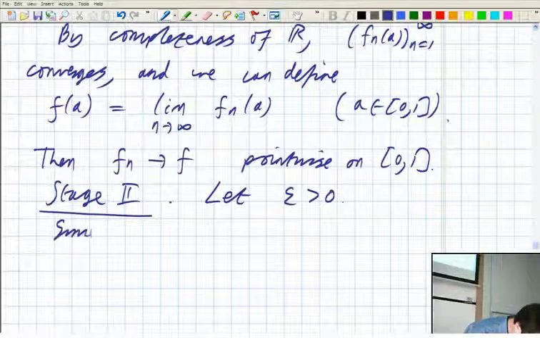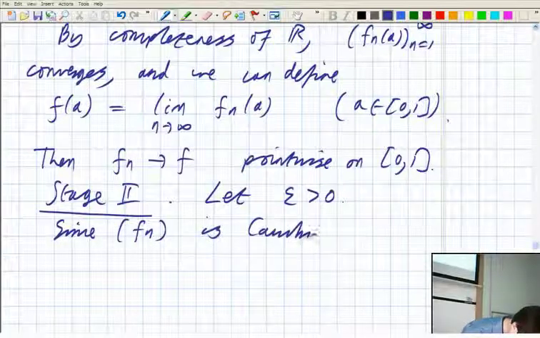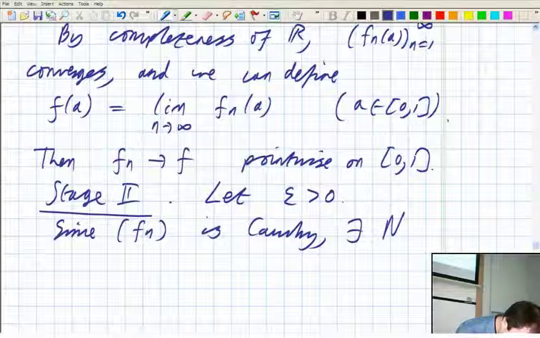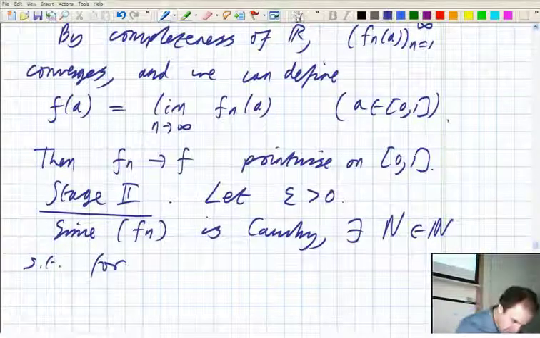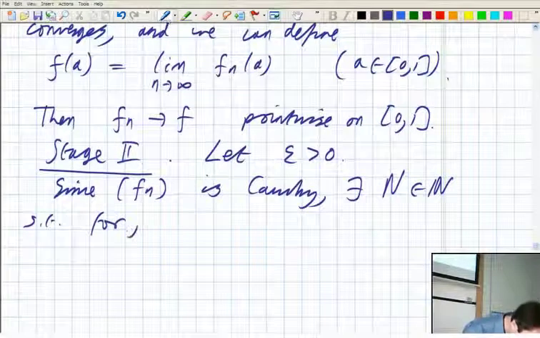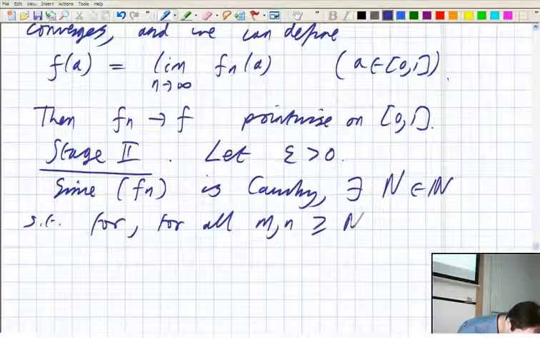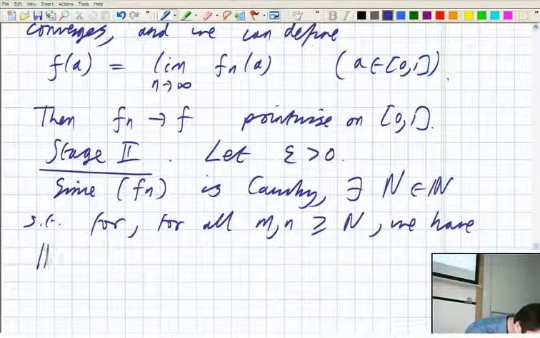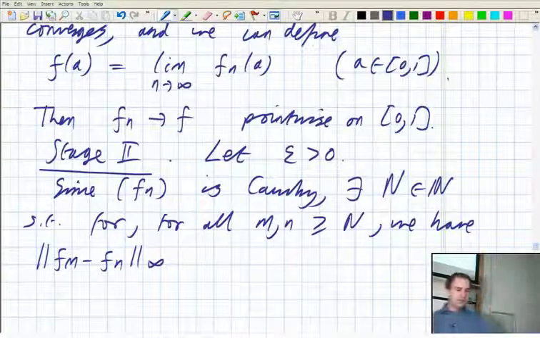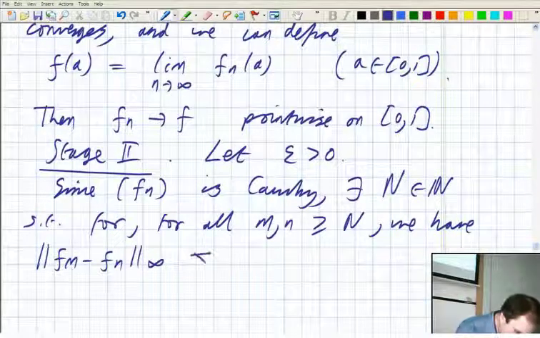So since fn is Cauchy, there exists an N in the naturals, a new capital N from before, so that for all m and n greater than capital N, we have the sup norm of fm minus fn, the infinity norm of that, is less than epsilon over 2.